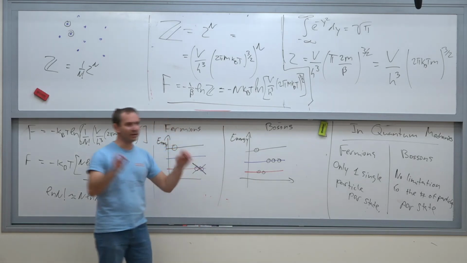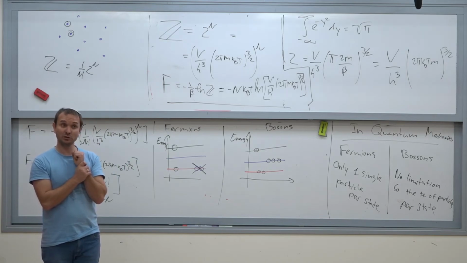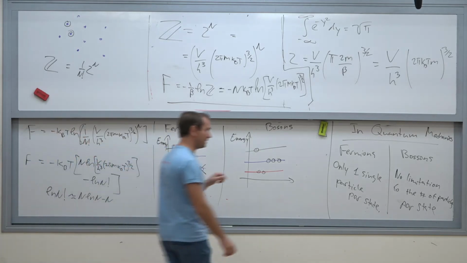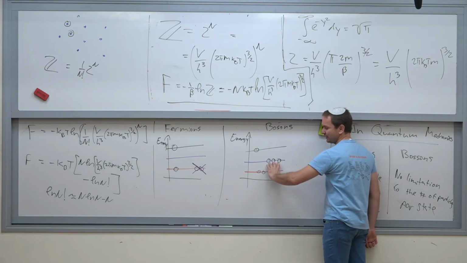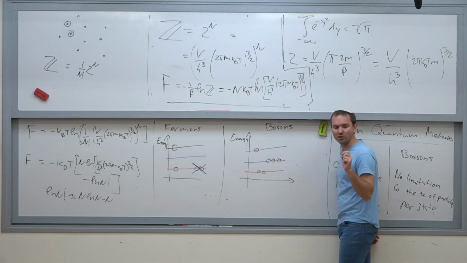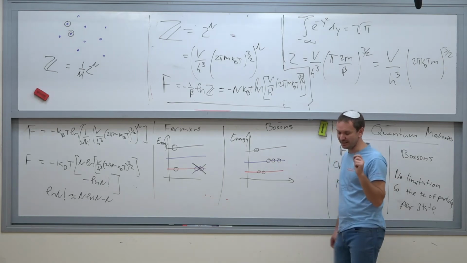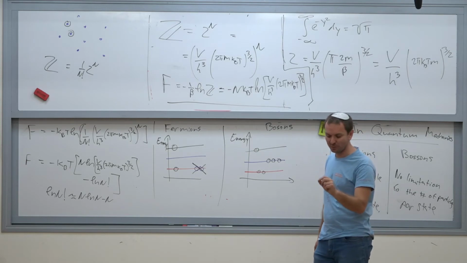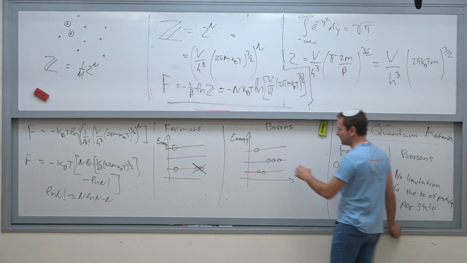So if I'm looking at identical particles, first of all, they are indistinguishable. What do I mean? I cannot distinguish between different particles. If I have particle 1, 2, and 3, they are completely indistinguishable, and I cannot follow them. This is one of the properties of quantum mechanics. I have this uncertainty principle. If I'm following the particle, I don't know where it's gone the next time.